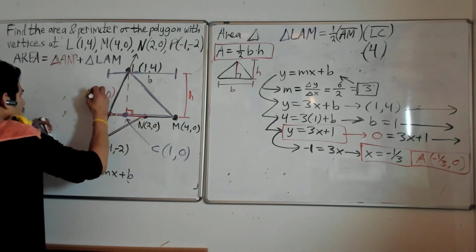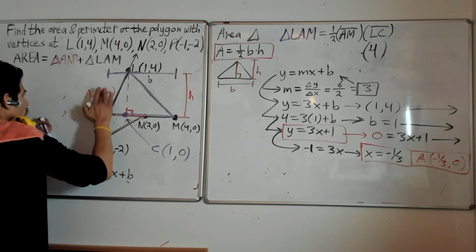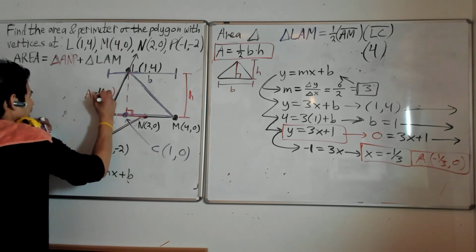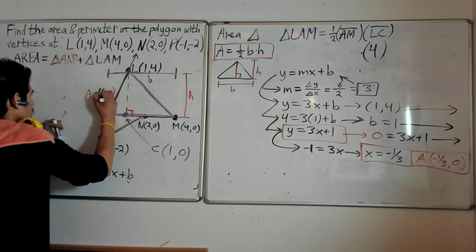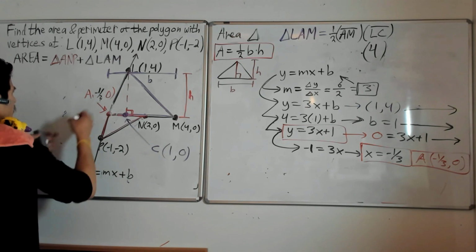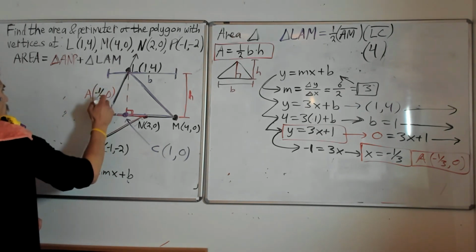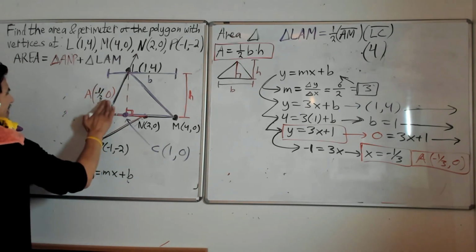Let me put it in black so it's a little easier to see. Negative 1/3 comma 0. There we go, sort of.